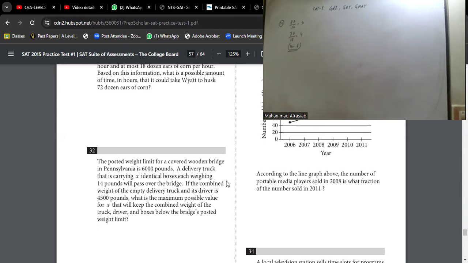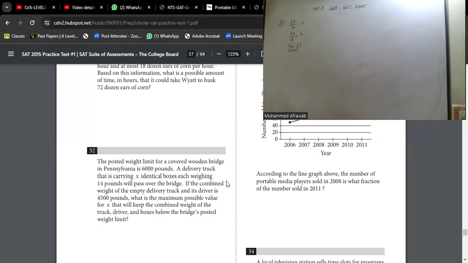A delivery truck that is carrying x identical boxes, each weighing 14 pounds, will pass over this bridge if the combined weight of the empty delivery truck and its driver is 4,500 pounds. What is the maximum possible value of x that will keep the combined weight of the truck, driver, and the boxes below the bridge's posted weight limit?